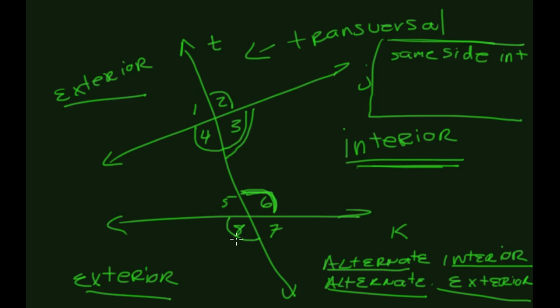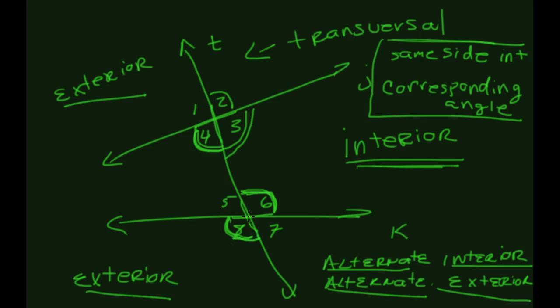And finally, the last type of angle pair would be like 8 and 4 here. One of them is in the interior, one of them is in the exterior, but if you look at the intersection, they're in the same place. They're both down and to the left. We call those corresponding angles.